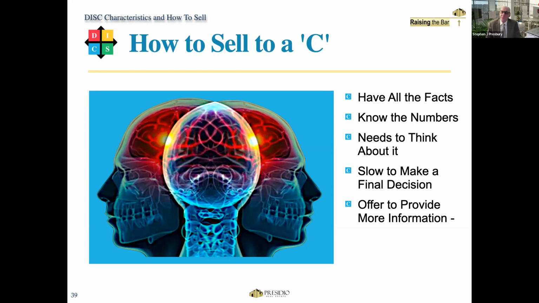That's exactly right. So we have to be very careful how we navigate the journey with a C, because they really don't like to be pressurized to do anything. They do want time to make sure they've got the ability to make the right decision. And of course, in an aggressive seller's market, they say, I can't make a decision right now, I need to think about it.